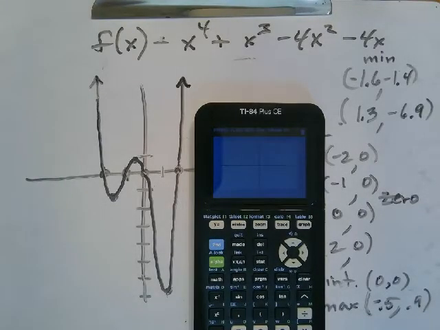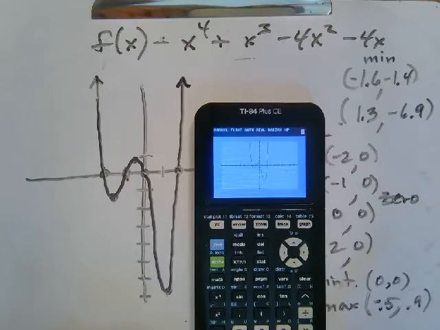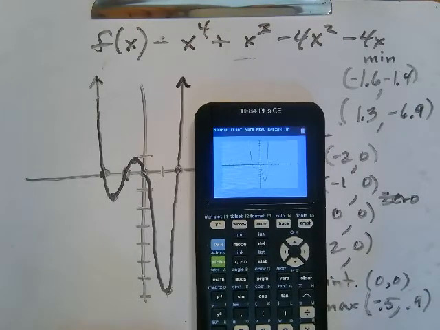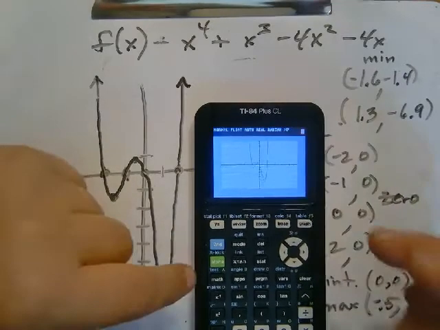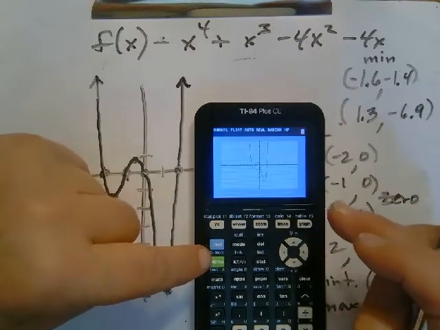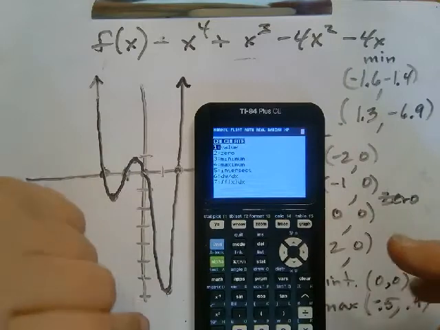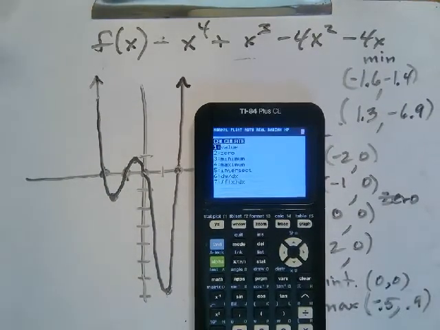Now, there's not that many things to do with the calculator, but there's one thing we didn't talk about here, which is how to find the y-intercept if it doesn't happen to be obvious. What you can do to find the y-intercept is use the second calc value feature.